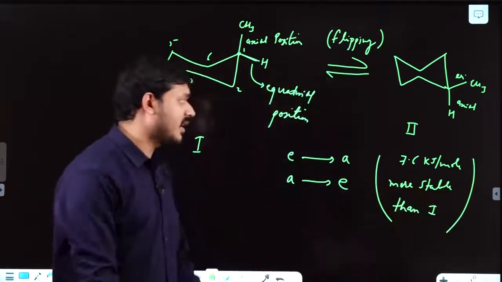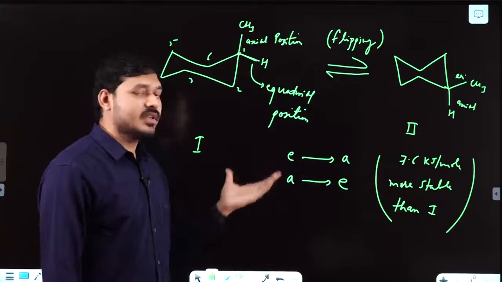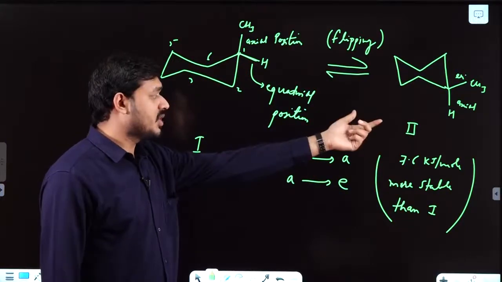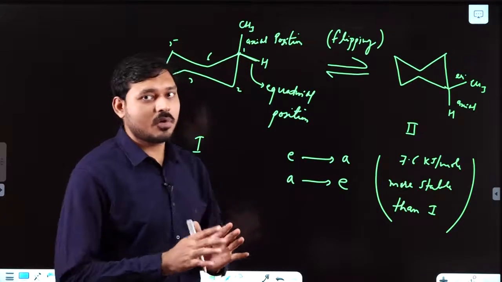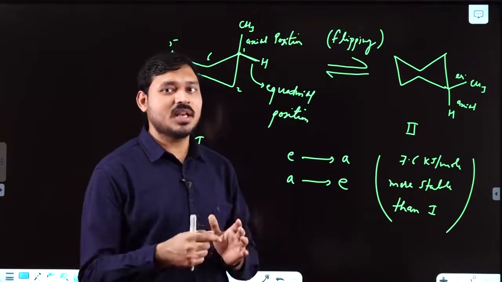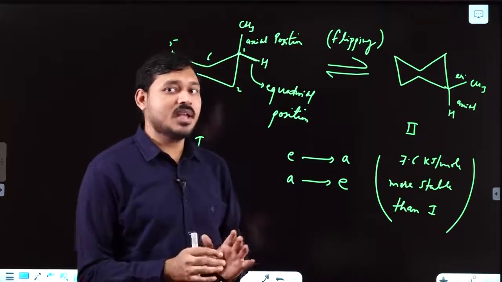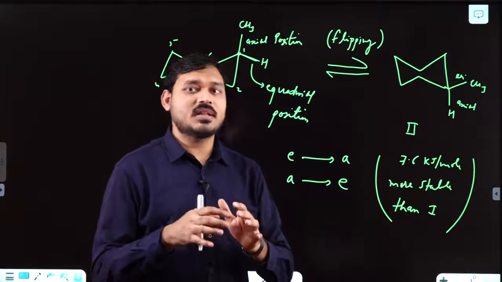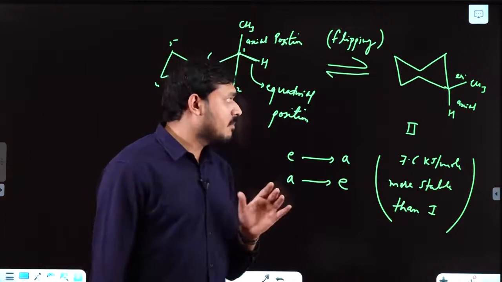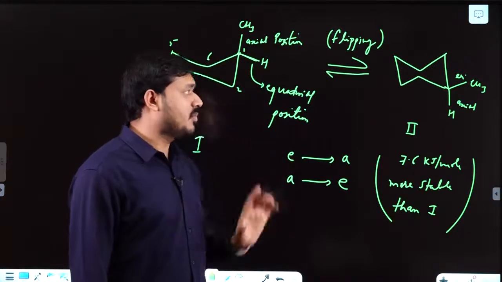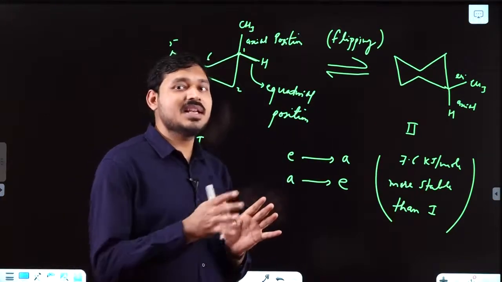So you can understand that according to energy terms as well, equatorial position gives better stability. If a bulky group occupies equatorial position, then it will be more stable. In other terms, in the three-dimensional arrangement, we can observe that when the bulky groups are in equatorial positions, then they are least hindered.